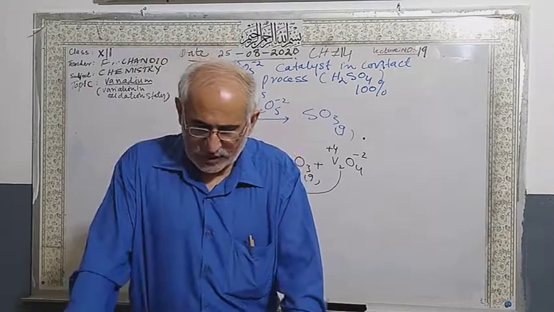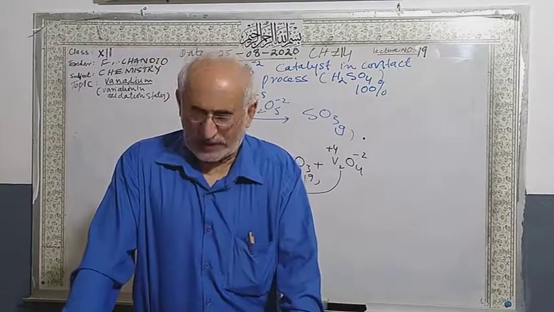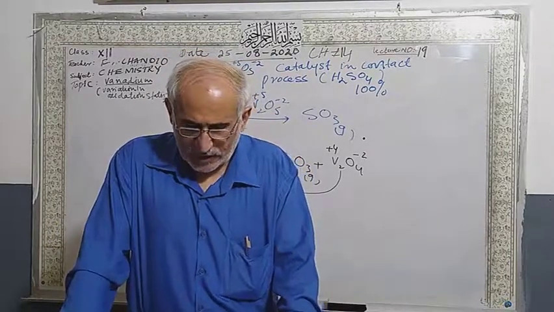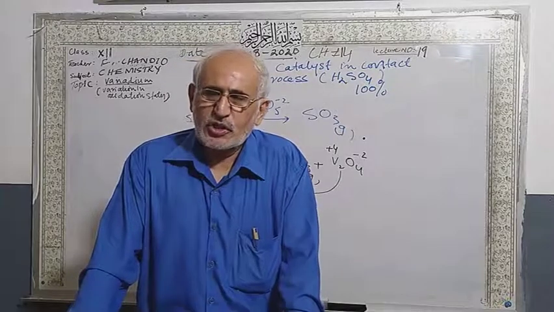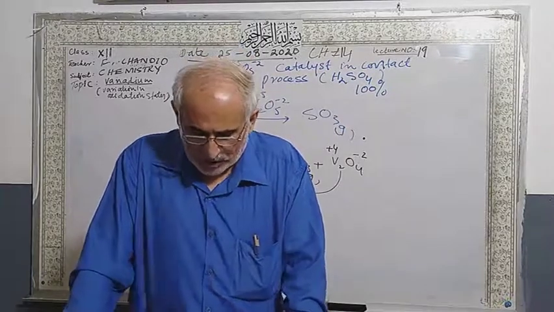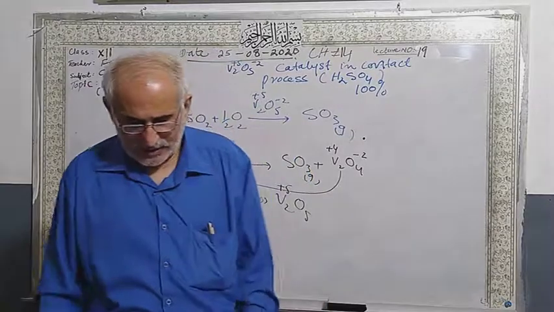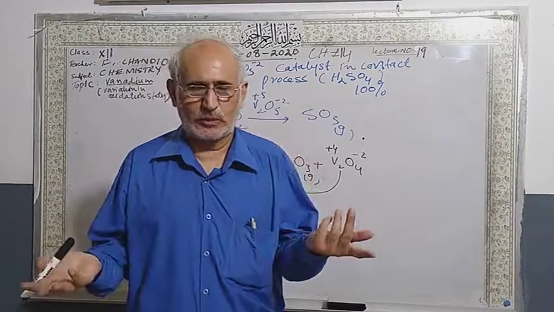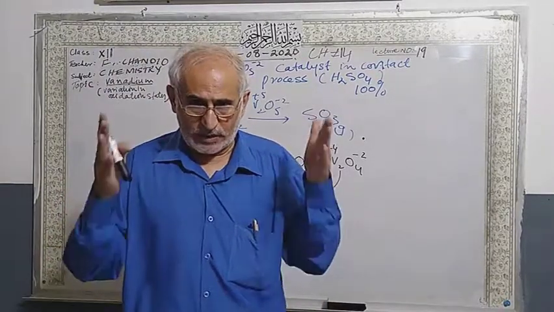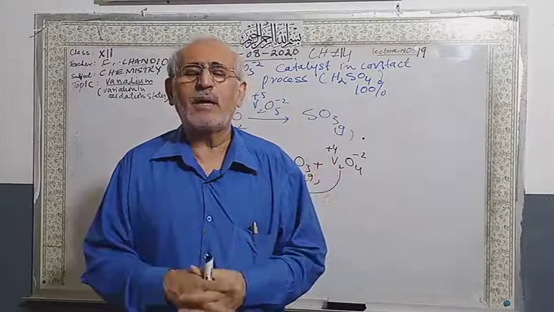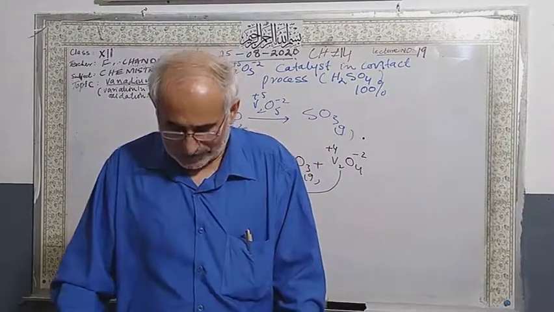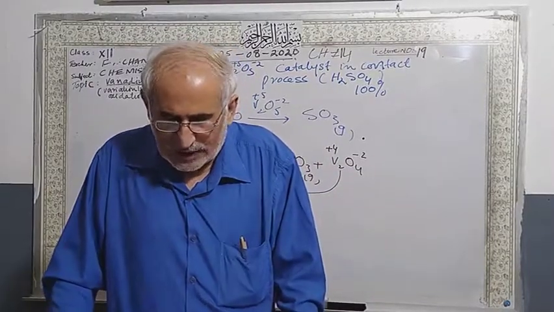Sulfur dioxide oxidizes to sulfur trioxide and in the process, vanadium pentoxide reduces to vanadium tetroxide. So although the catalyst has been temporarily changed, as I told you, no permanent change takes place during the chemical reaction.